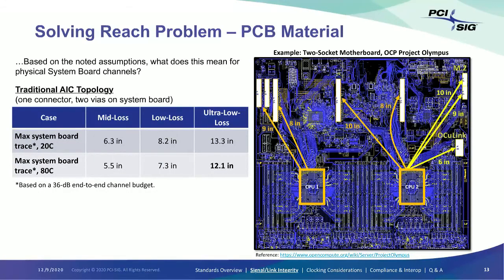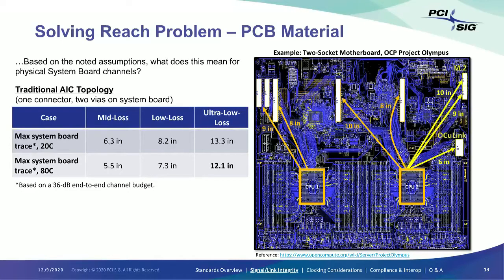So with those example loss per inch figures, if you look at a system and try to figure out how far the signal can go on the baseboard based on those characteristics, we end up with an example table like what's shown here. If we look at both the nominal temperature case, the top row, and the worst case temperature and humidity case, the bottom row, we can see that for the different PCB loss material categories, the signal can be routed between 5.5 inches and 12 inches on the baseboard itself.